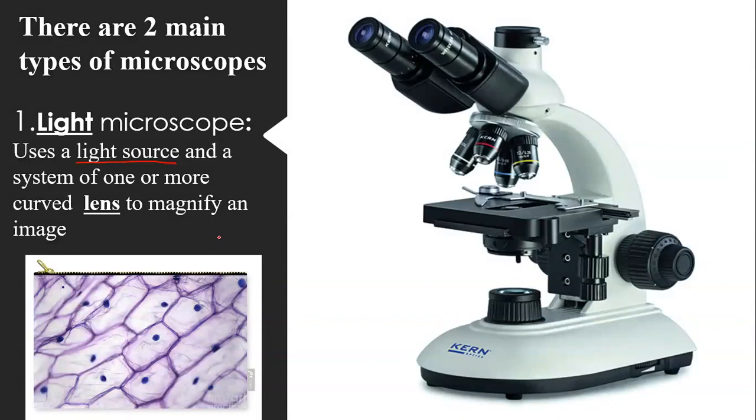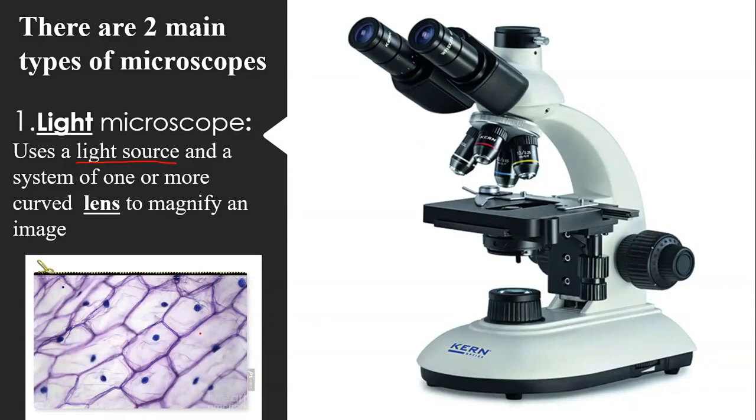So early microscopes used only one lens. The microscopes that we use primarily in high school and in your early undergrad classes in university will be light microscopes, and they will have multiple lenses.